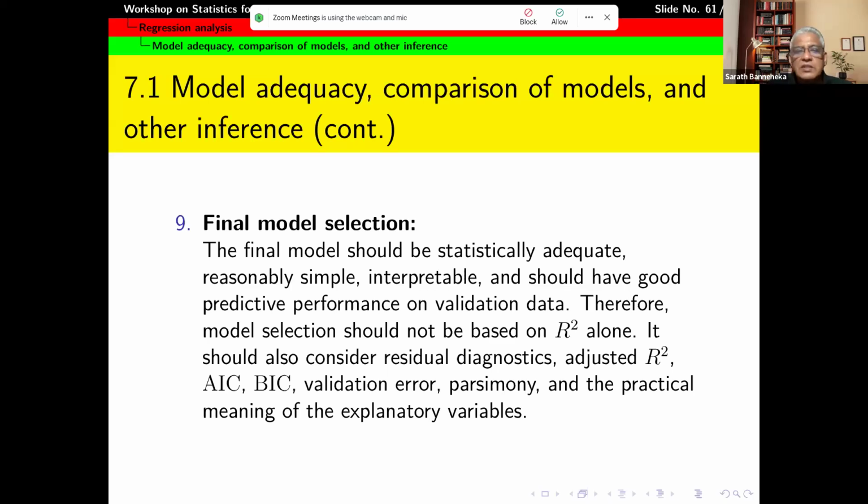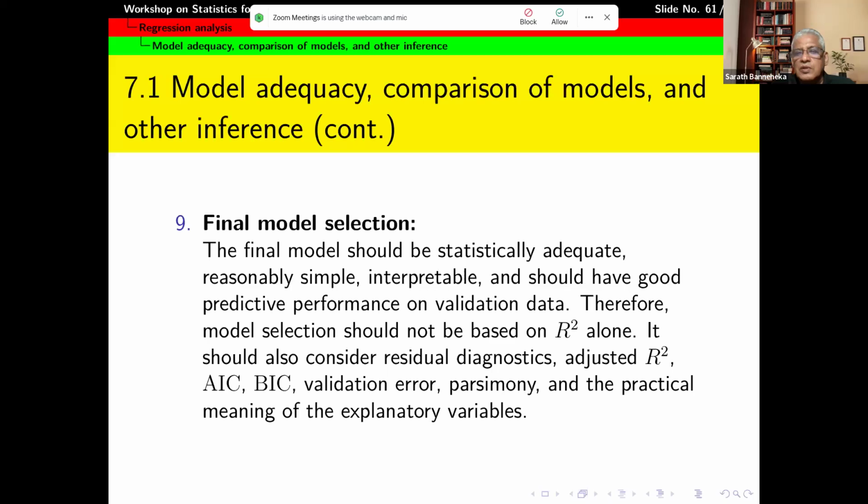Now the final model selection. You have considered several models and looked at several criteria as goodness of fit. The final model should be statistically adequate. So first of all, it should be an adequate model, reasonably simple, interpretable, and should have good predictive performance on the validation data.